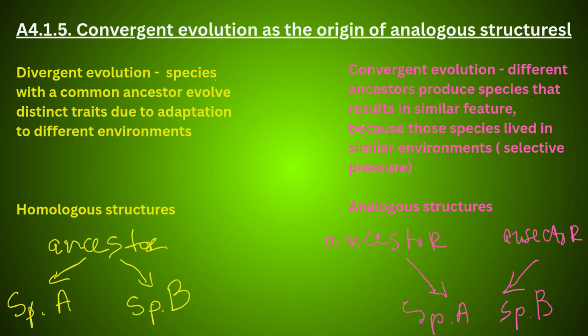Conversely, convergent evolution occurs when distantly related or unrelated species independently develop similar traits or features in response to similar environmental challenges or selective pressures, resulting in analogous structures that serve similar functions despite different evolutionary origins.